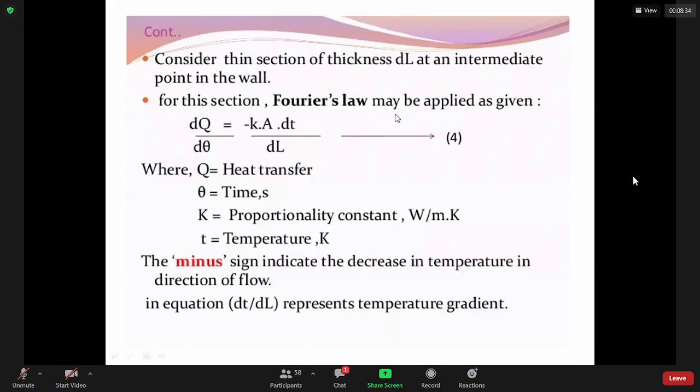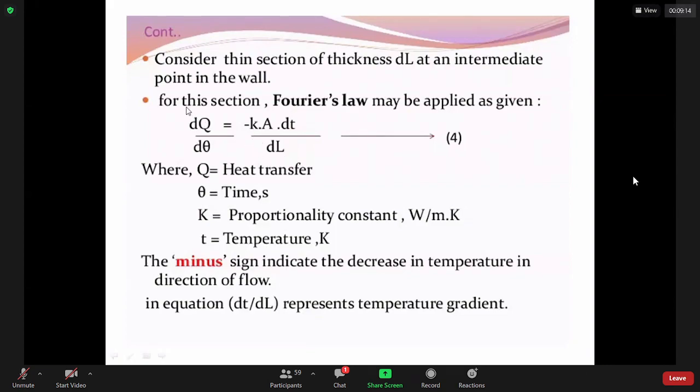Applying Fourier's law, we shall have delta Q divided by delta time, which is the rate, equal to negative K, which we've called the proportionality constant, times the area, times the change in temperature divided by the change in distance.